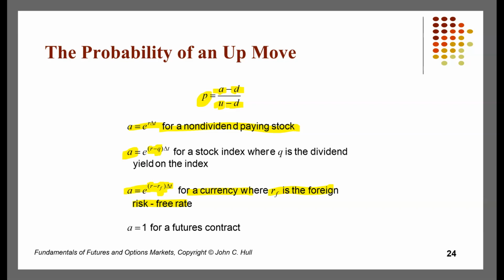So the procedure is the same, and we just make sure we account for the exchange rate. And whenever we're working with options on futures contracts, we just have A equal to 1. So for a futures contract, P is going to be equal to 1 minus D divided by U minus D. As simple as that.